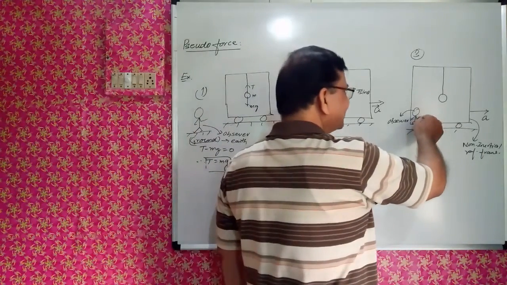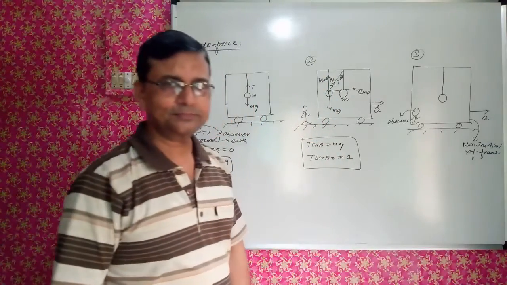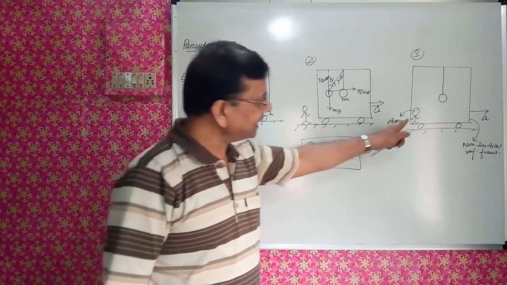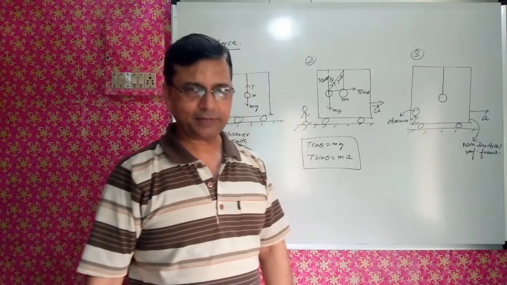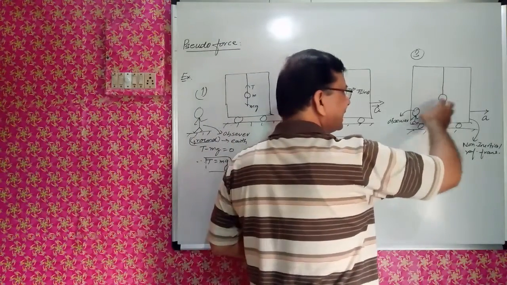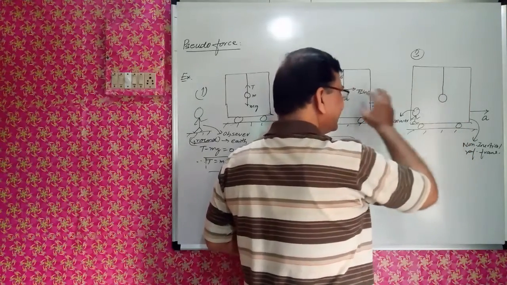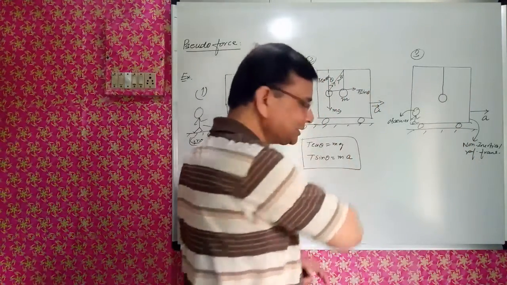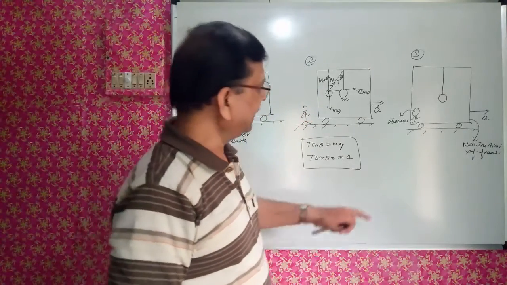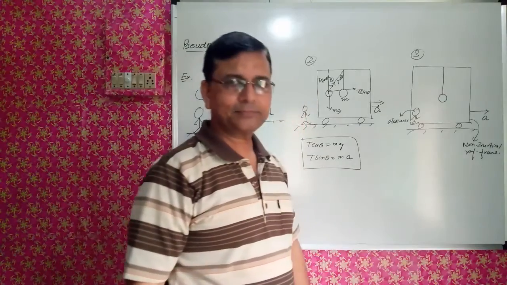So he will say that the bob is at rest, isn't it? Since he is in the non-inertial reference frame, the trolley is actually getting accelerated, but he will say the bob is at rest.